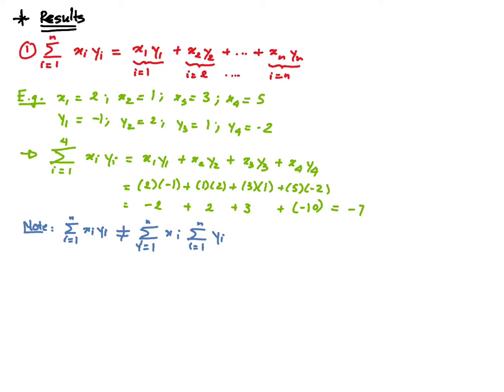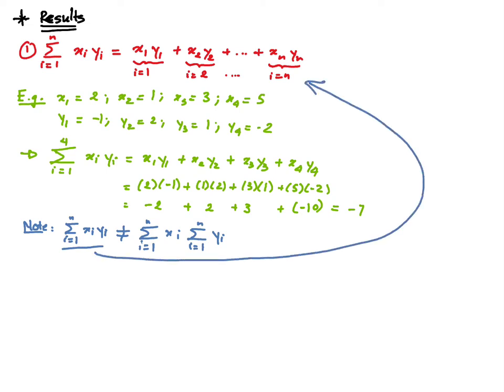In other words, the summation of the product is not the same as the product of the summations. In order to calculate the left hand side here, you need to use this formula. So that is our first basic result. Let's look at the second basic result that we are interested in this course.